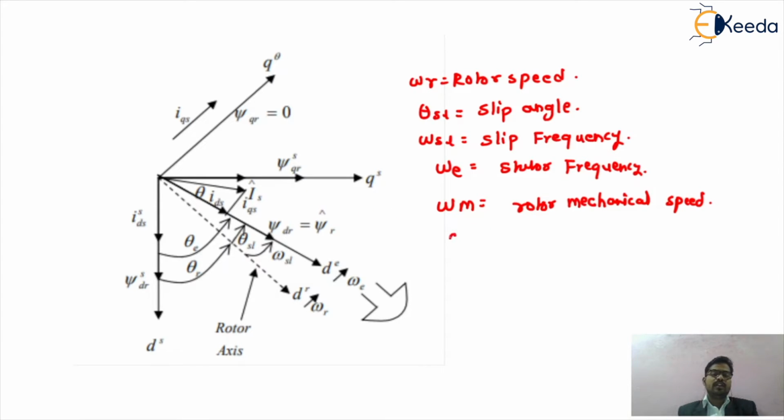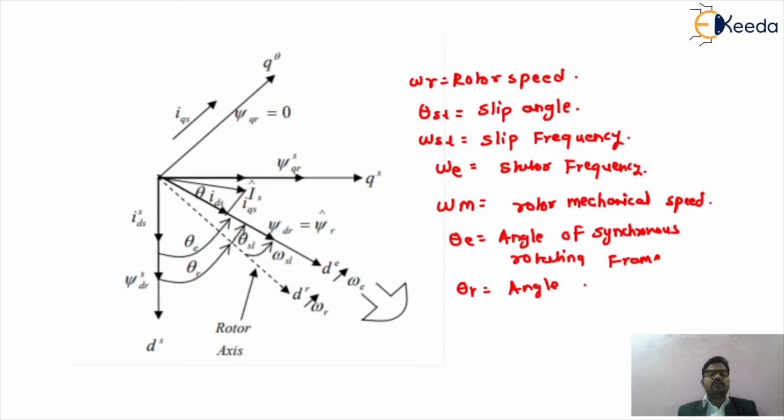Theta e is the angle of the synchronous rotating frame, and theta r is the angle of the rotor.